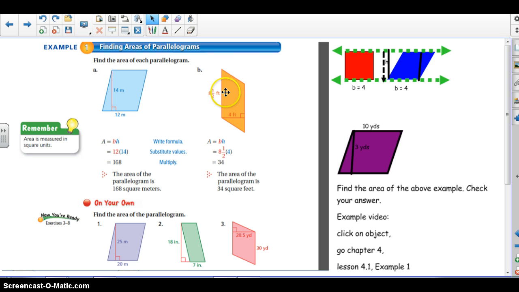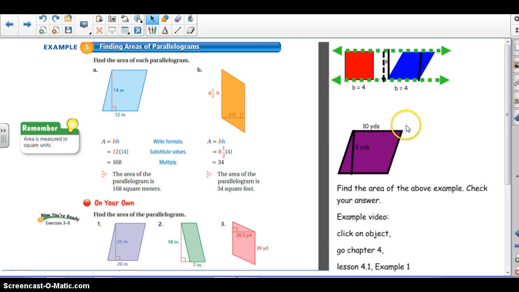Those are your bases. These are not your bases. These are your bases. And then you had to cut the height. In this case, you're going to cut it this way. But remember, we can turn this object. So now you have the formula base times height, 8.5 times 4, which is 34, and the area is 34 square feet.